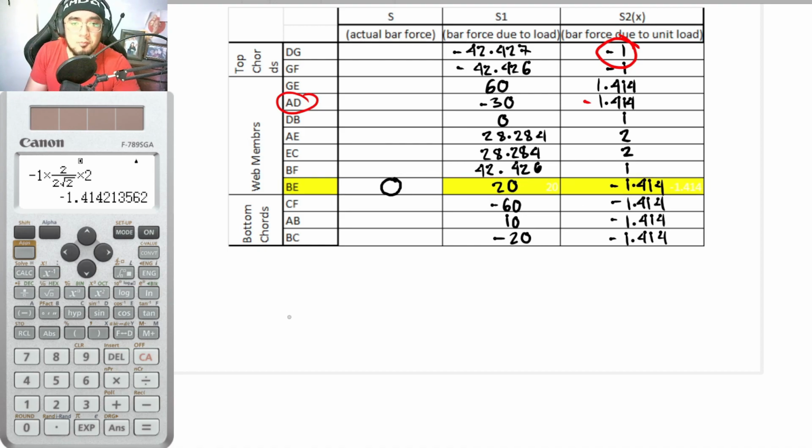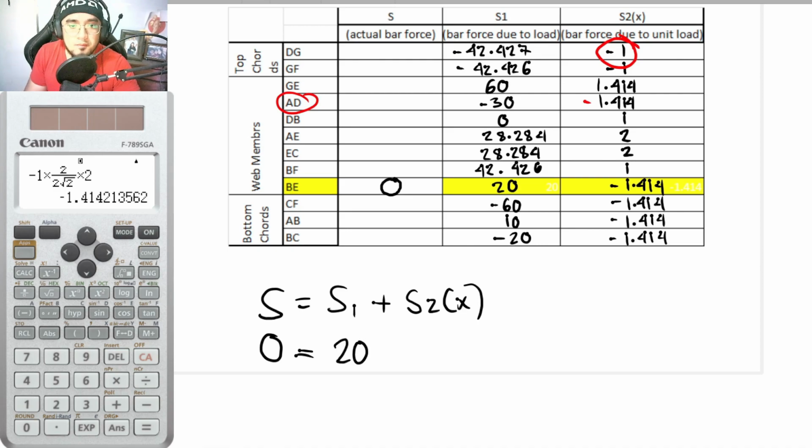Since S is equal to S1 plus S2 times X, S is equal to 0, S1 is equal to 20, and S2 is equal to negative 1.414 times X. So solving for X, that is now equal to 20 divided by 1.414.